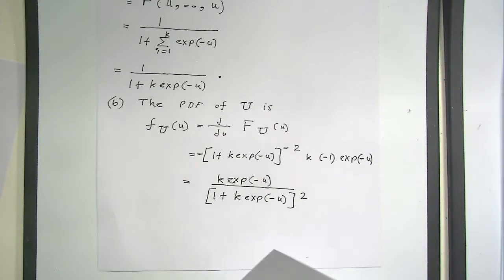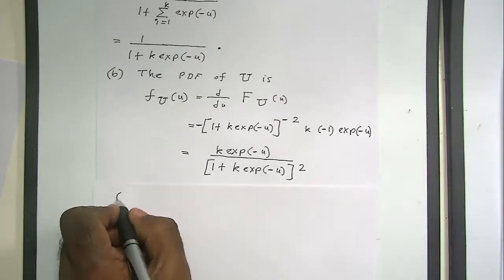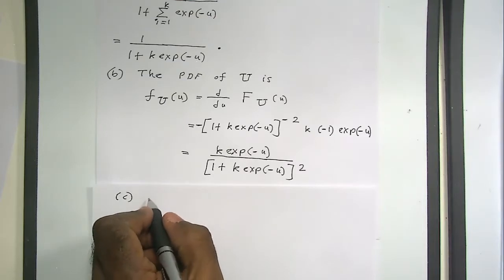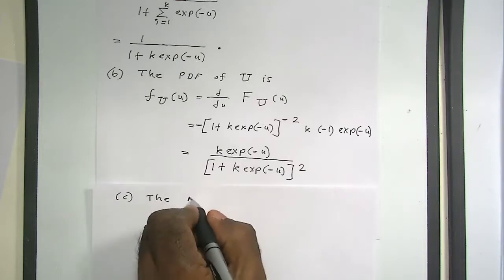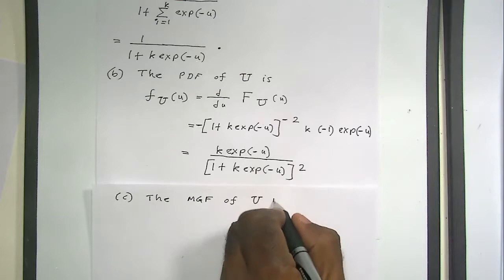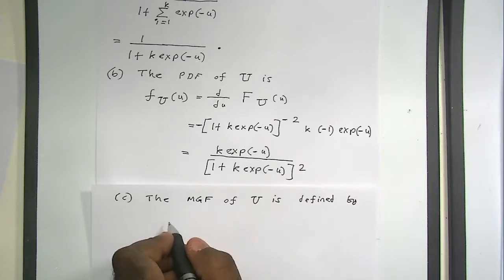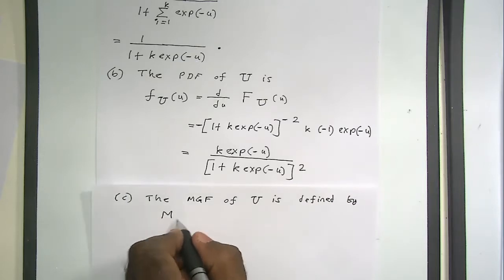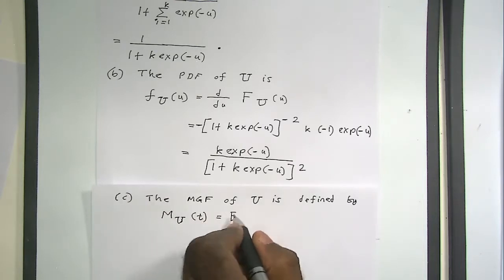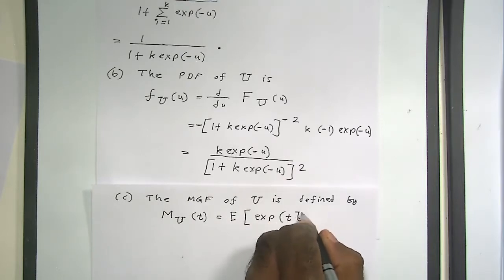A moment generating function is basically, the MGF of u, of any random variable, is given this notation here, M_u at t, and is defined as the expectation of exponential of t u.